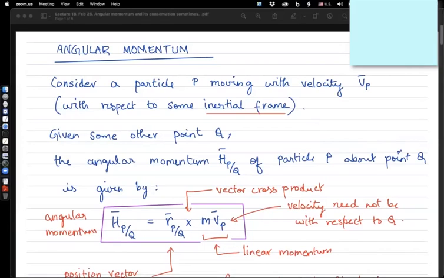Okay, so for angular momentum, let's start with the definition first. So imagine we have a particle P moving with some velocity Vp. It looks like I didn't draw a picture here, but let me pull up a picture.